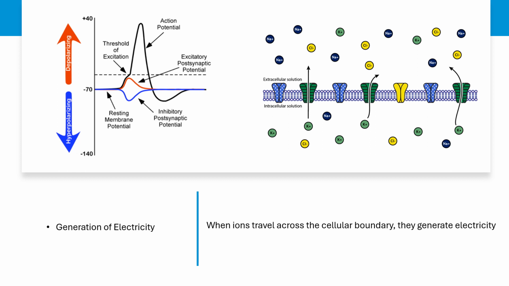At the same time, the 2 potassium from the extracellular region come to the intracellular region, and then the potential gradually comes to the stable value. Actually, the name of this boundary is the cellular boundary, and the movement of the ions through the cellular boundary generates the electricity inside the neuron.